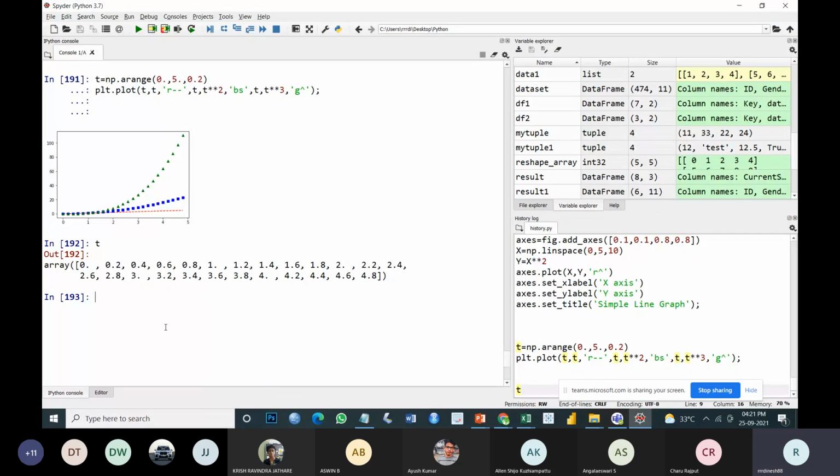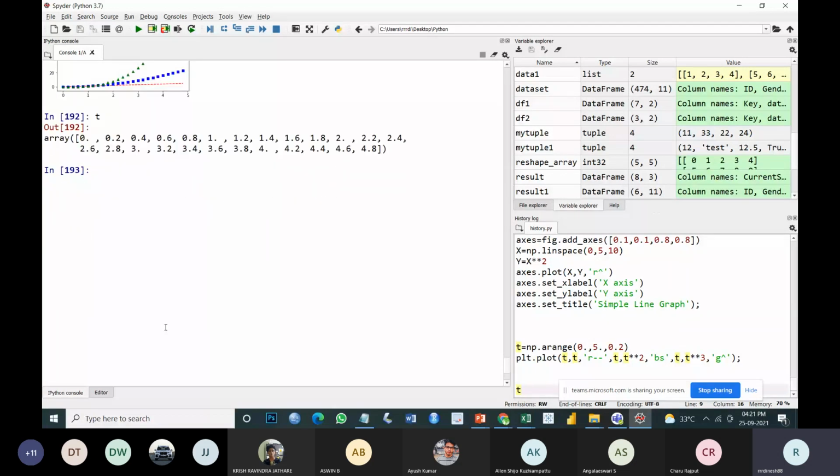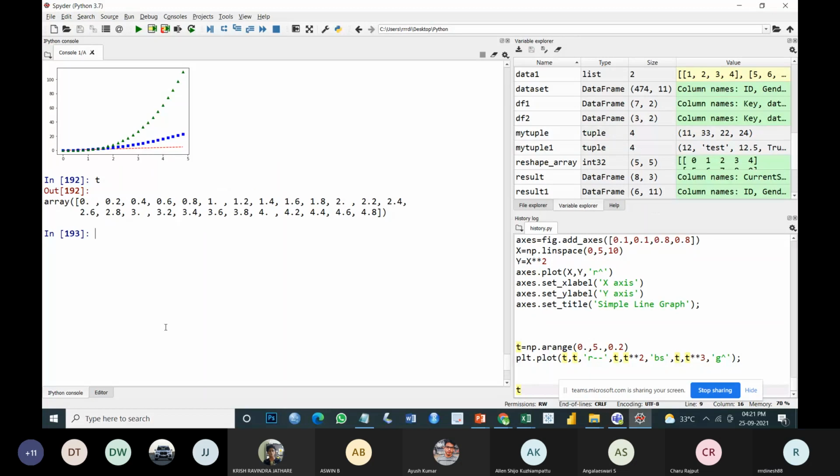Even in the line graph, we can include the legend also. Legends means some descriptions also we can get. For example, plt dot subplots. If I press Control Enter, it goes to the next line.